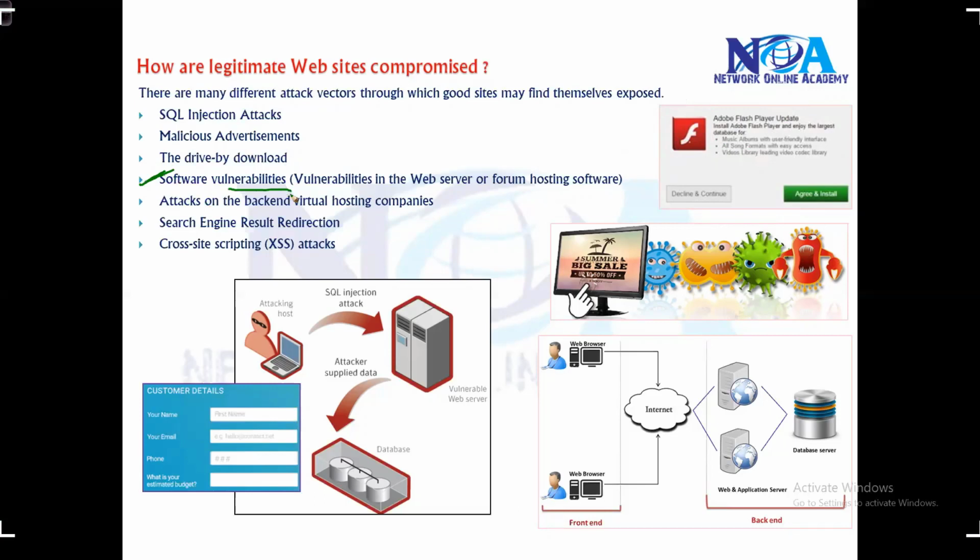And some other options like software vulnerabilities. Now this is specifically if you have some kind of bugs in your applications or on your web browsers, probably using some older web browsers, or even it can be on your web server as well.